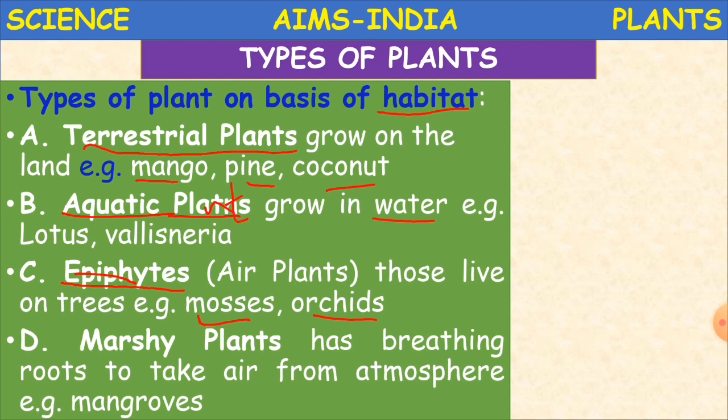So this type of area is called a marshy area, and the plants which grow on this land are known as marshy plants. And how do they grow? Marshy plants have breathing roots. These plants have breathing roots to take air from the atmosphere.